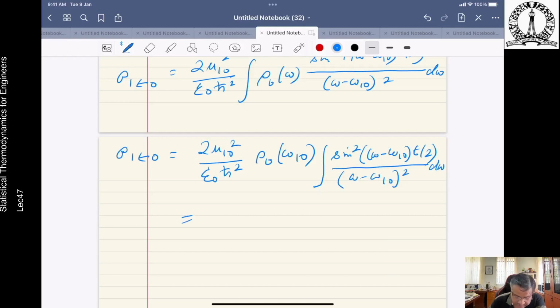This ultimately gives rise to P10 as mu 10 square divided by epsilon h bar square, rho v omega 0.